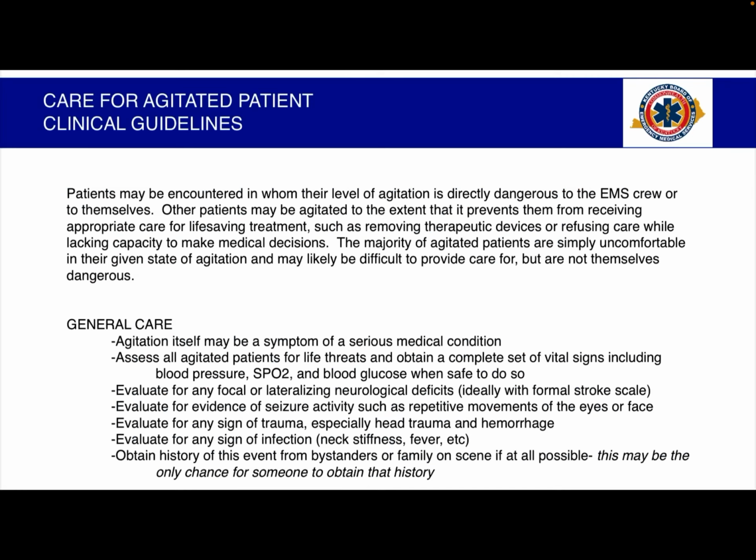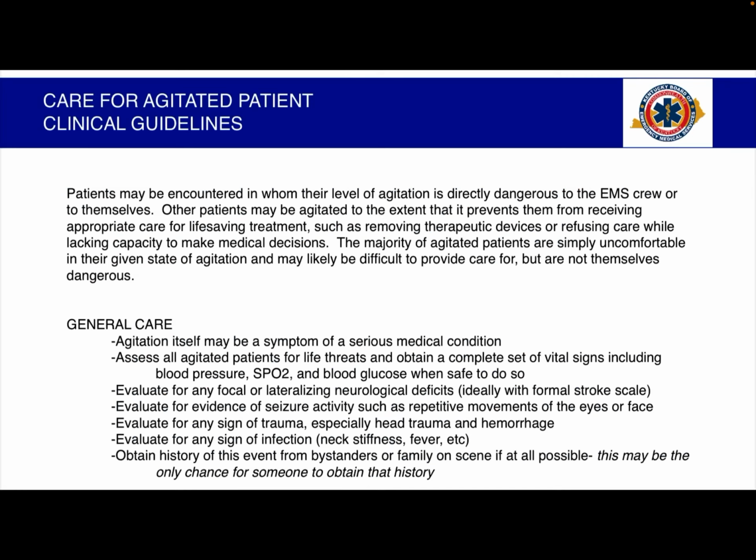I think that's an important thing for all of us to remember when we're dealing with these kinds of patients, because it is frustrating when you think somebody is just aggravated and not complying, but that can be a symptom of something going on, whether that's a mental health illness or something else.